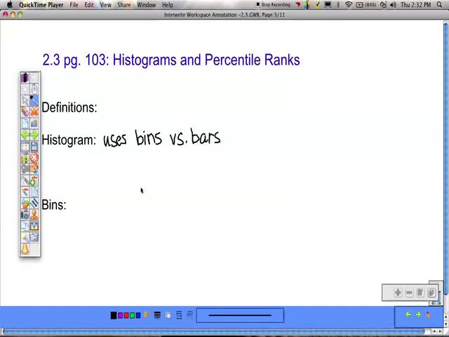And a bin is the column that shows how many of a certain data share the same value.